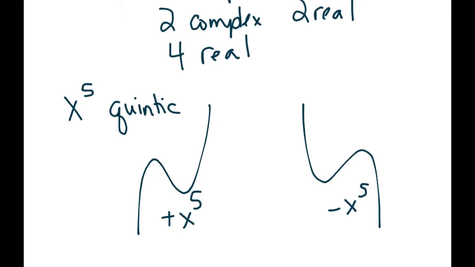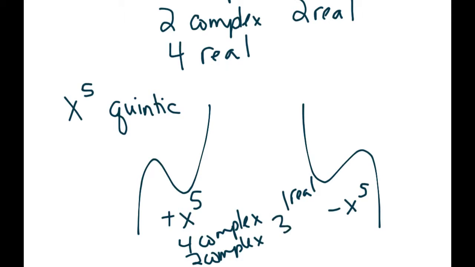It has the same properties as did the cubic functions. So this could have 4 complex zeros and 1 real. Or it can have, I'm running out of space, 2 complex and 3 real. Or it can have no complex and 5 real.